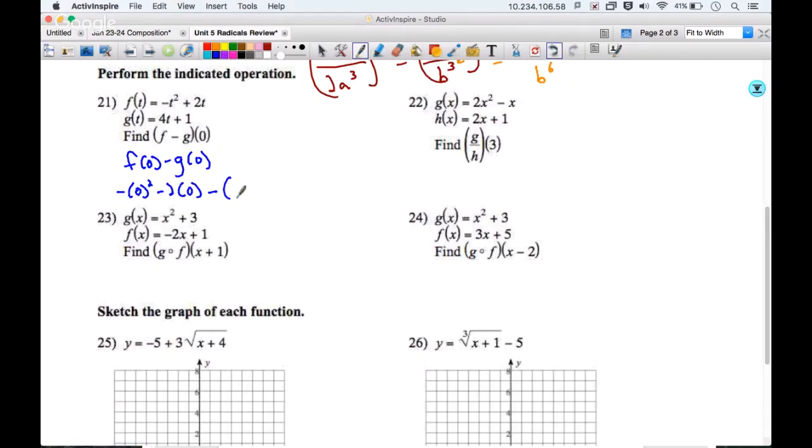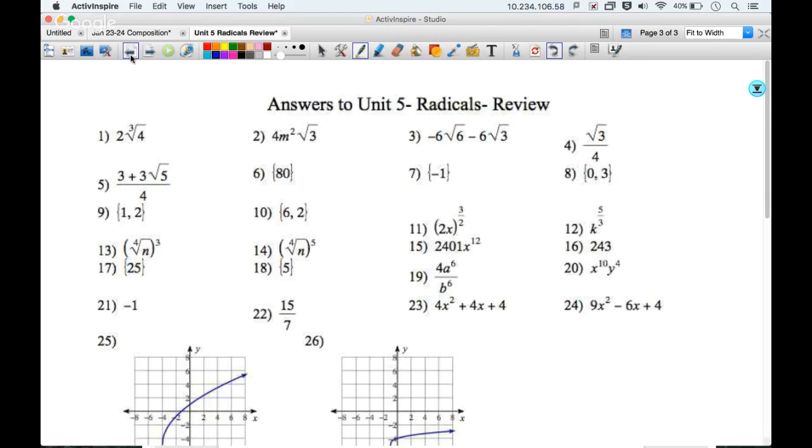So minus, in parentheses now, 4 times 0 plus 1. That cancels, that cancels. The negative gets distributed to both of these, but that's just a 0. And to that 1 there, we get a negative 1. 21, I think we get a negative 1. We do.